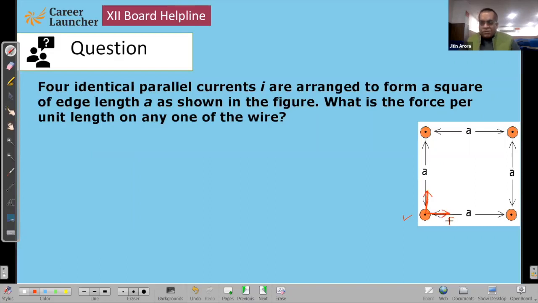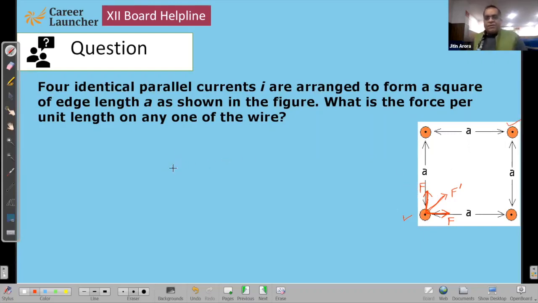This force and this force are going to be same in magnitude, and it will experience a force in this direction, which is, let's say, F dash, and F dash will be different in magnitude because the separation between this wire and the wire here is A root 2, whereas for the other wires, the separation is A.